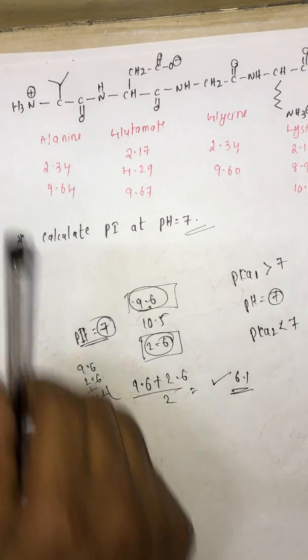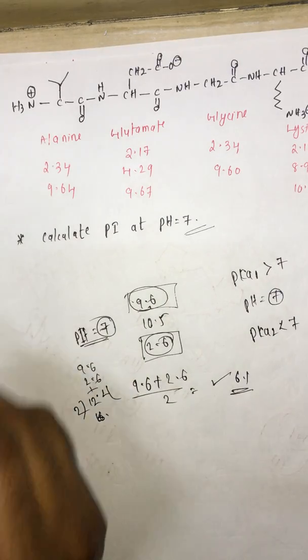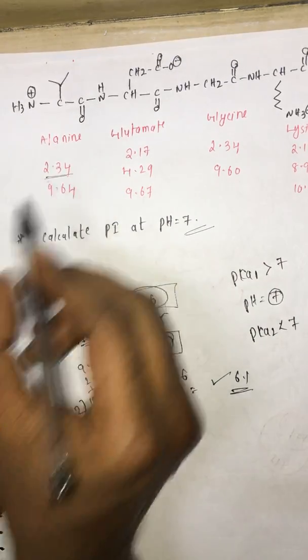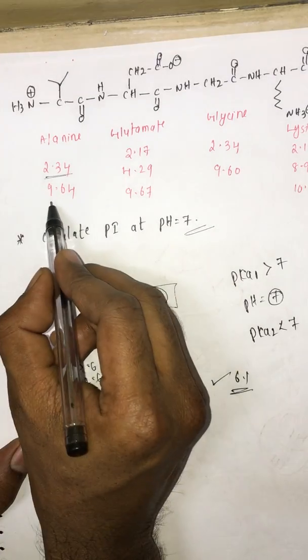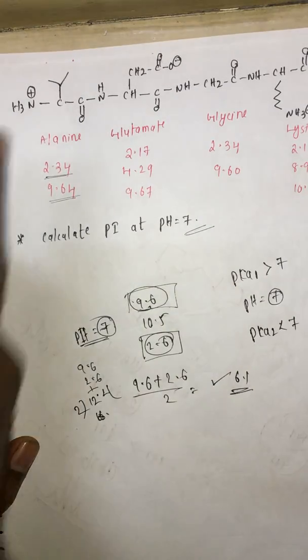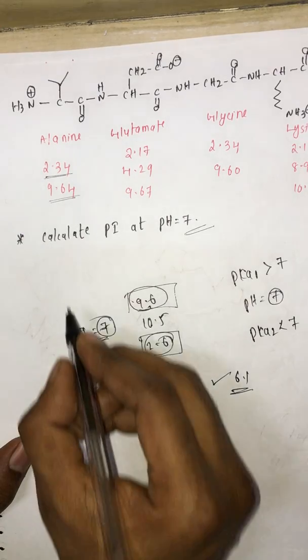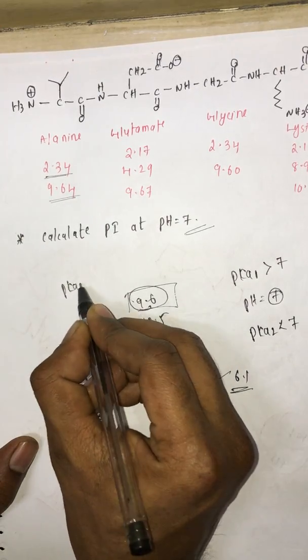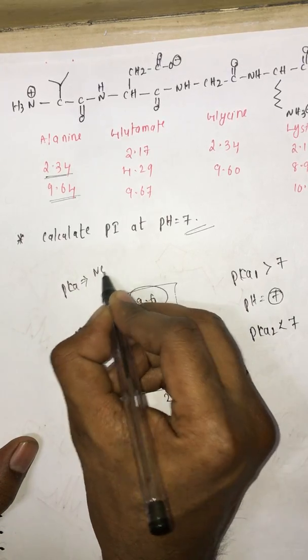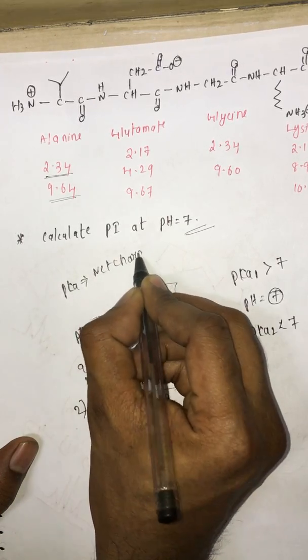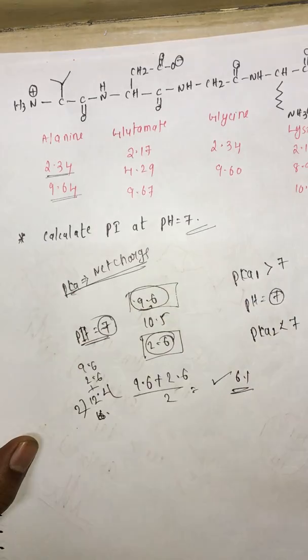First we'll see alanine. This 2.34 is for the carboxylic acid, and this 9.6 is for the NH3. As I said, a pKa has to have some net charge, then only we can use it to calculate the isoelectric point.